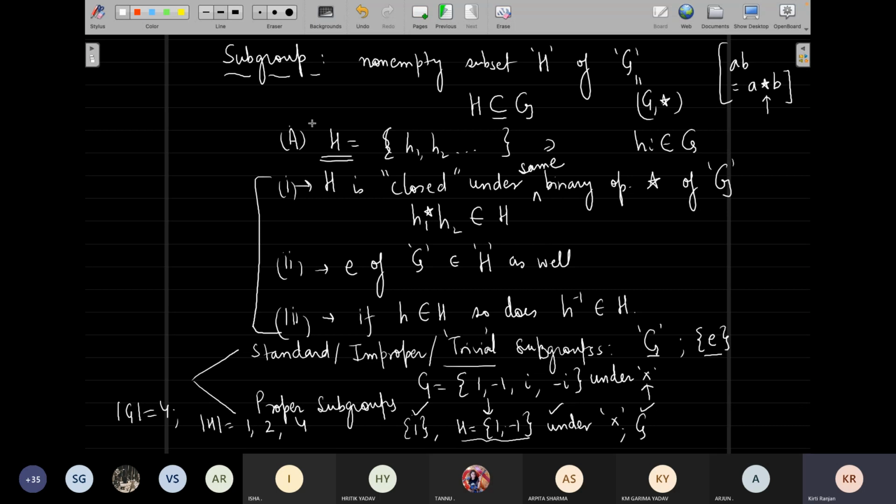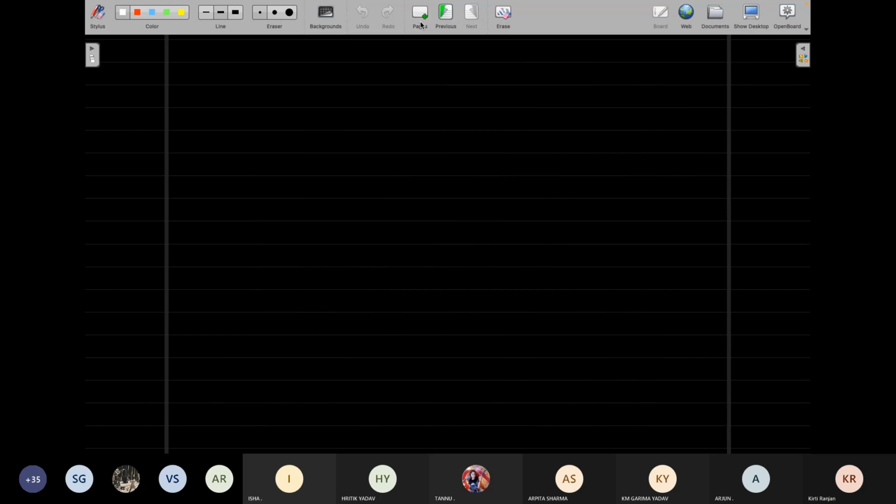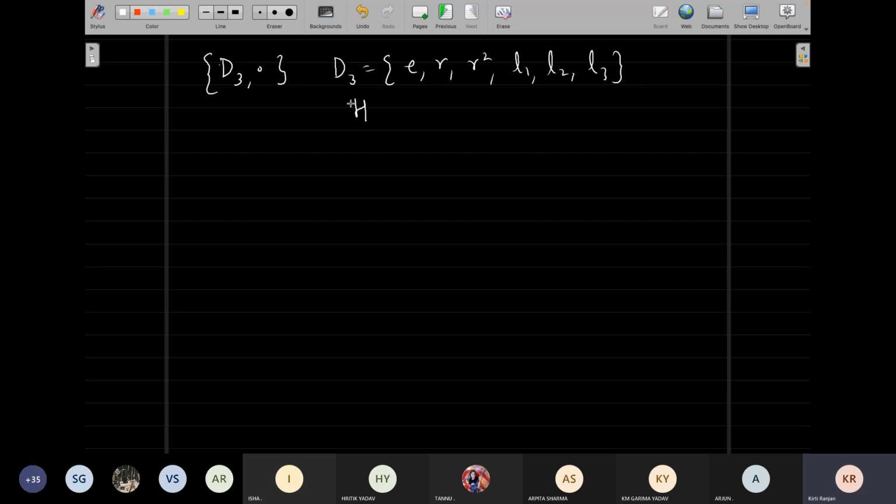So let me just come up with one homework here. Since I like this D3 composition, what was the group D3? This was E, R, R square, L1, L2, L3. So your job is to find out all possible subgroups H, whatever number you are able to find.